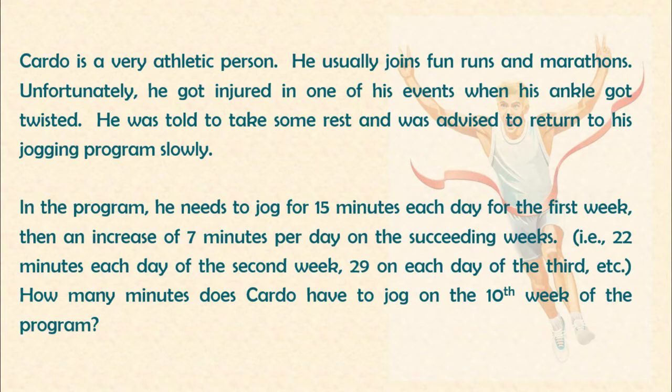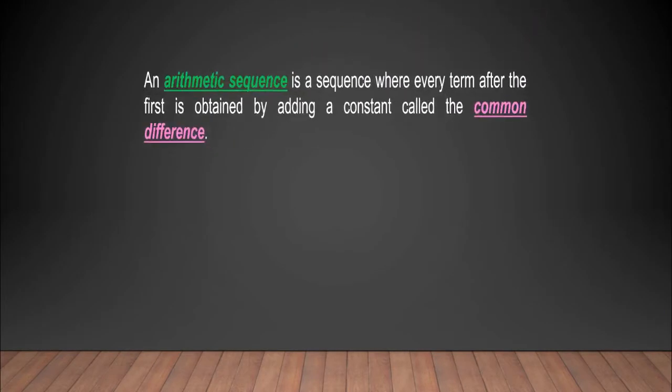Now, this and more are the types of problems that can be solved using our knowledge of arithmetic sequence. Now, if you try solving this, you'll arrive at the answer 78 minutes. Now, what is an arithmetic sequence?